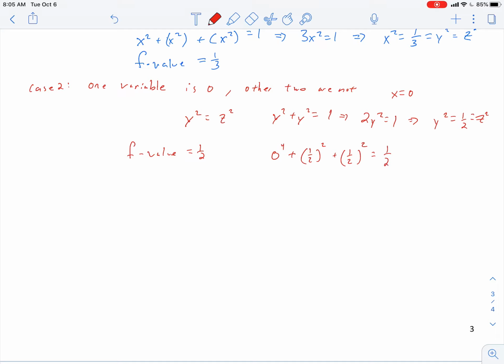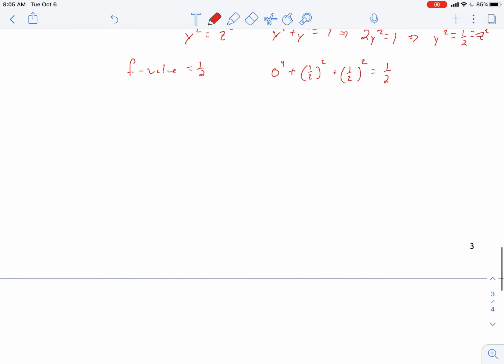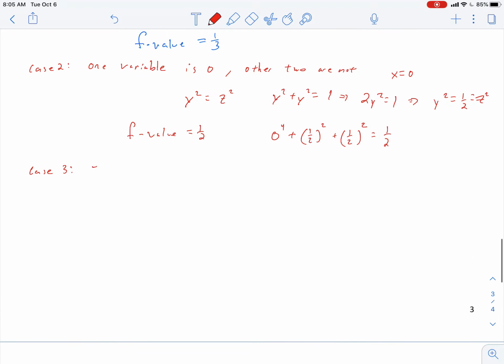All right. Now, what if 2 variables are 0 and 1 is not? So this is case 3. Again, we can't have a case 4 because they can't all be 0.